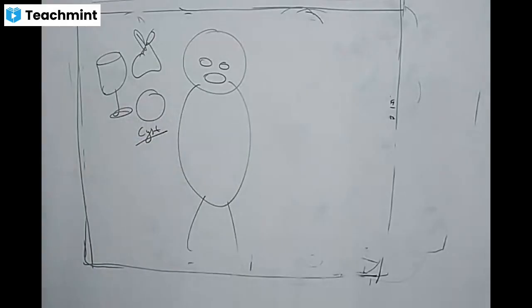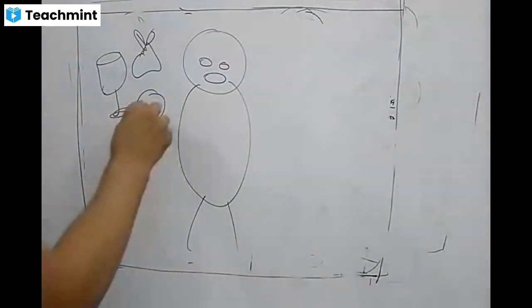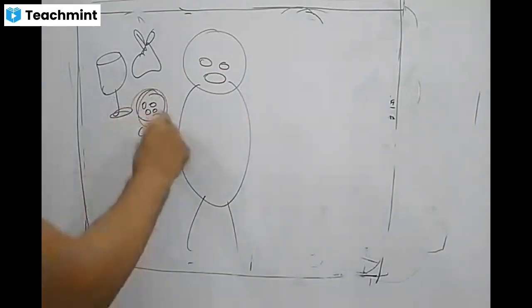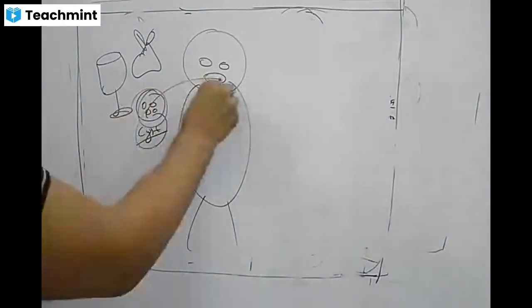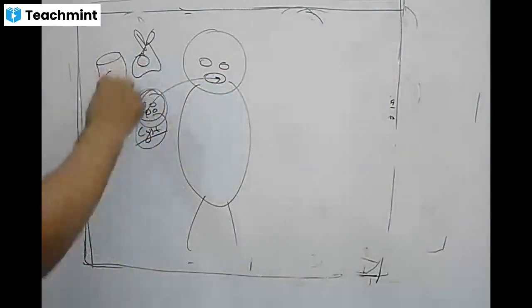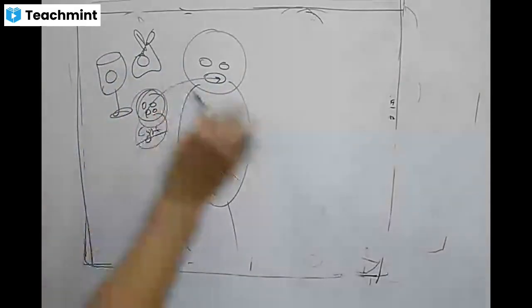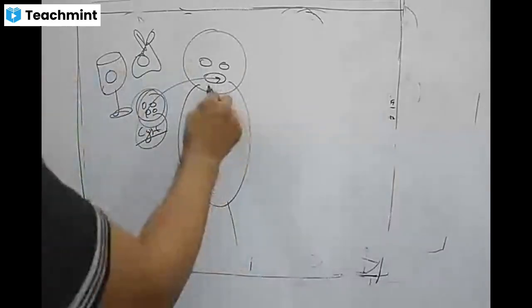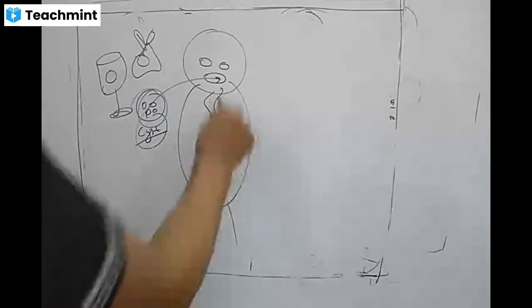This cyst has a number of nuclei. So the infective stage in this case is also the cyst, and that cyst is present inside your food.